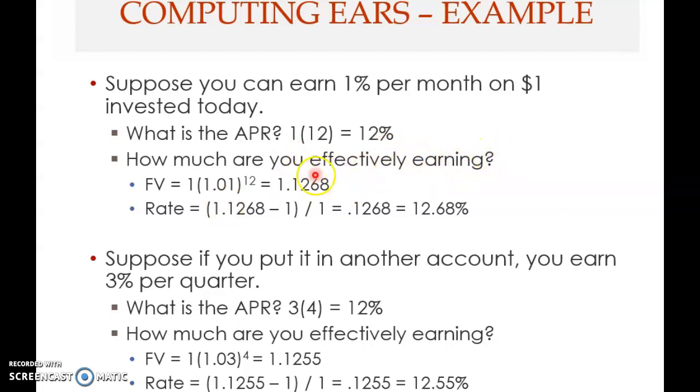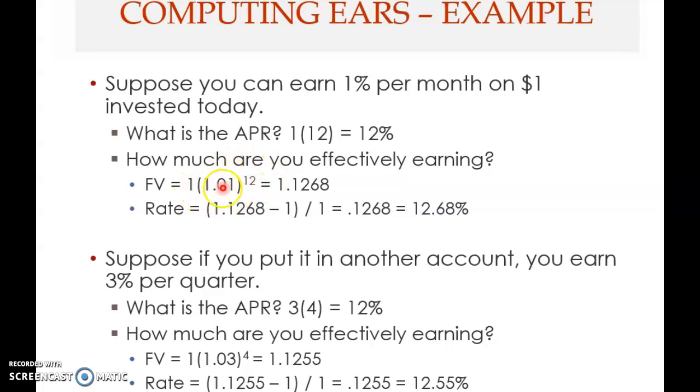How do you get the EAR? We can simply use the formula. Here they compute the future value. 1 is the present value now, $1, multiplied by 1 plus R raised to the power of 12. Now this 1% is the interest rate for 1 period. So we are looking at compounding this 12 times, 12 periods, so you come to the end of 1 year.